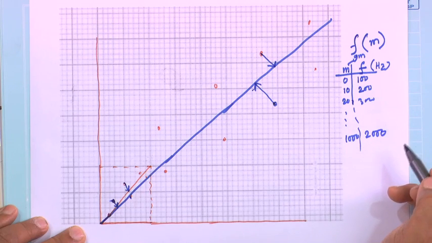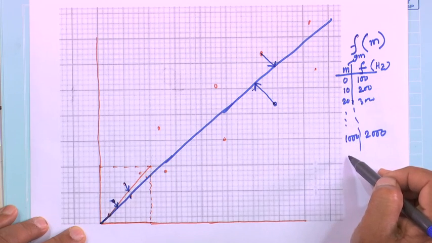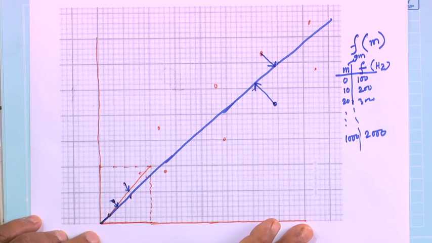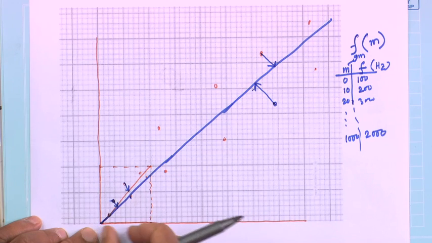So your range for mass is 0 to 1000. Your x axis that you have to scale, starting from 0 and ending at 1000. So how many boxes are there? First you consider the bigger boxes.